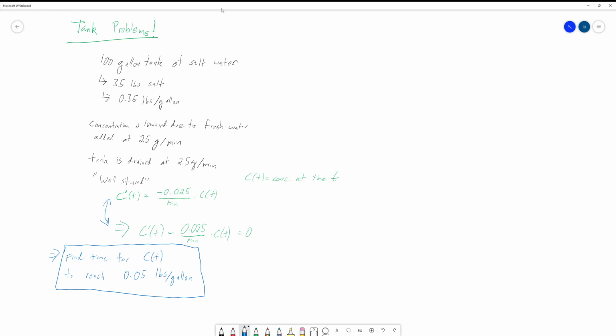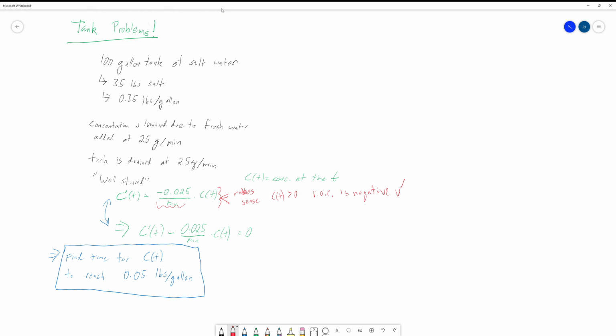So this is just a logic check. This makes sense to me, meaning this equation, because C of t, concentration, is a positive quantity, and this is a negative quantity, which means the rate of change is negative, which is good, because we are only adding fresh water and we're taking out salty water. It is negative, which is good.